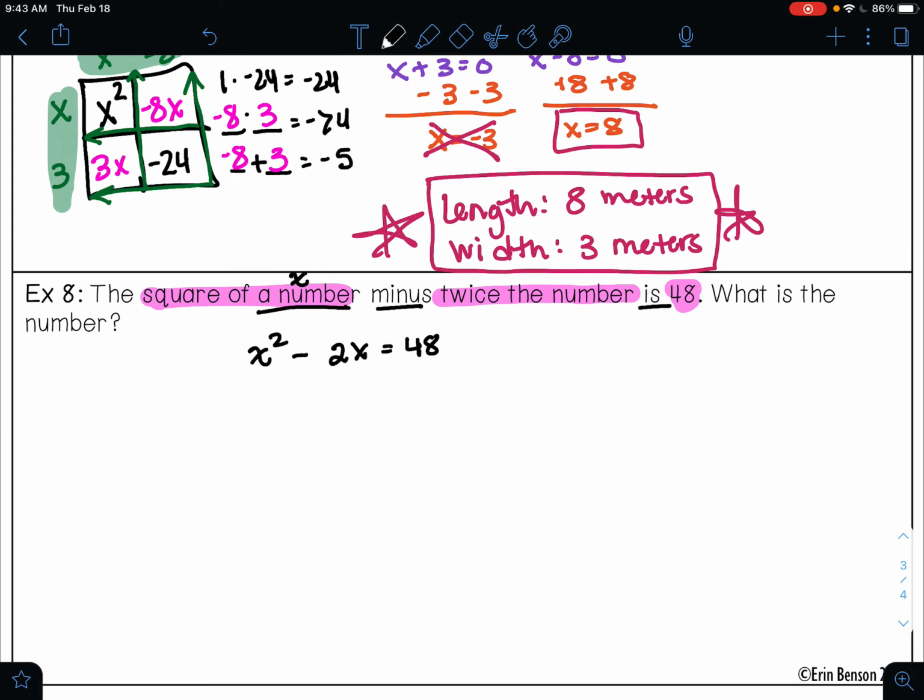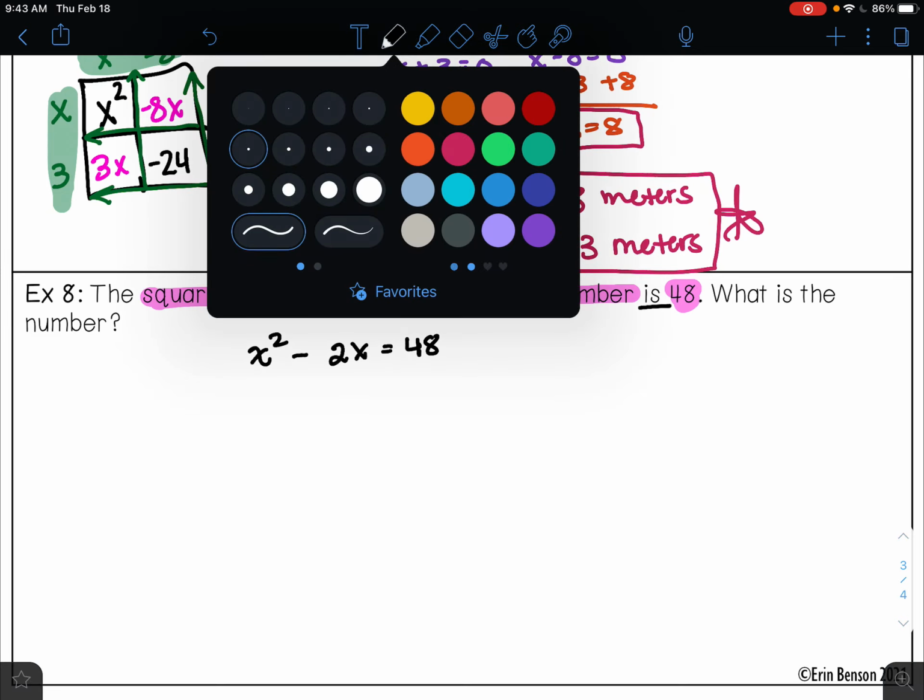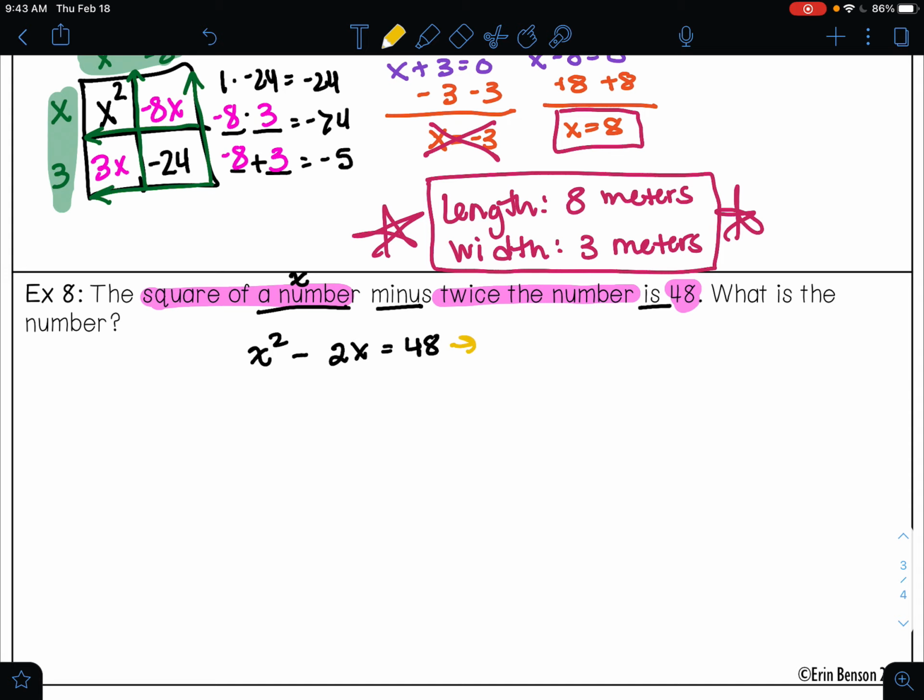Well, to be able to solve this by factoring, I know that this must equal 0. And so in order to do that, I'm going to go ahead and subtract 48 from both sides. And so I'll have x squared minus 2x minus 48 equals 0.